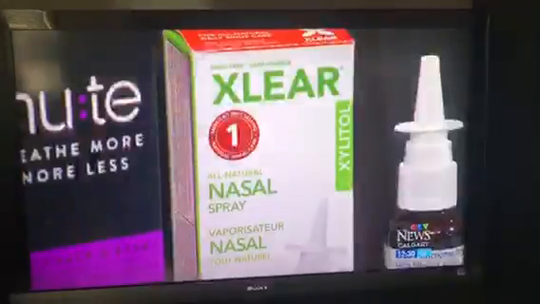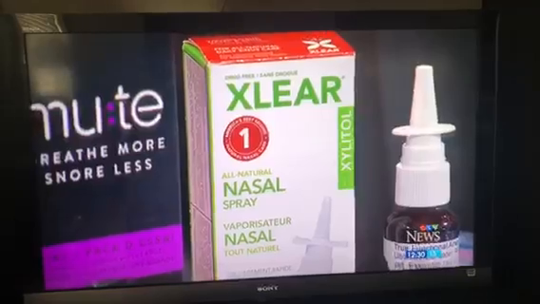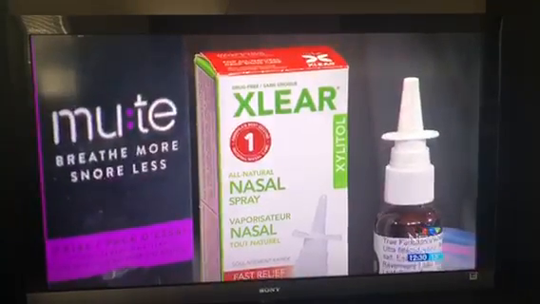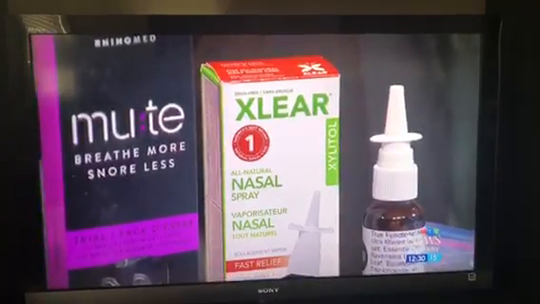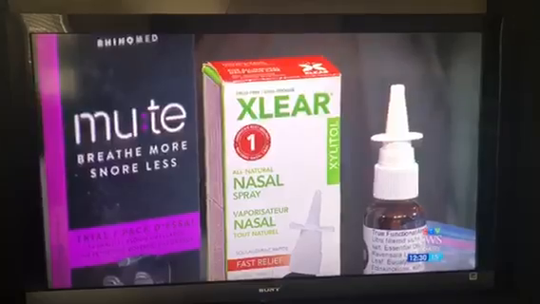Okay, you've got some products that use xylitol. Tell us what they do. One is called Clear. This is a product used as a nasal spray. I practice TMJ, which is temporomandibular disorder, with craniofacial pain like headaches.